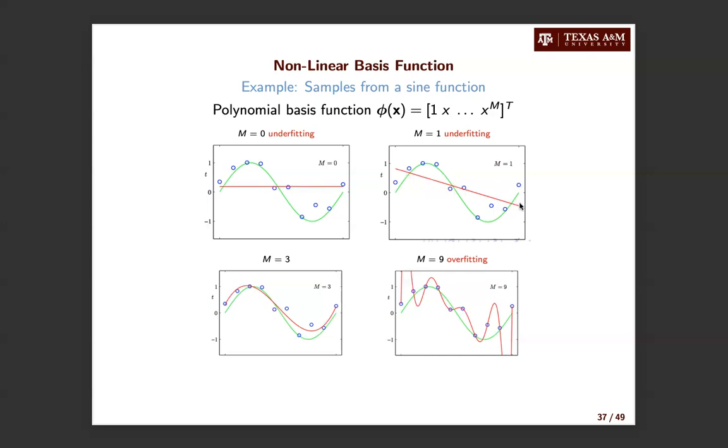This first order polynomial is a line. The 3rd order polynomial is this nonlinear line, and then this ninth order polynomial is again a line that is way more nonlinear.